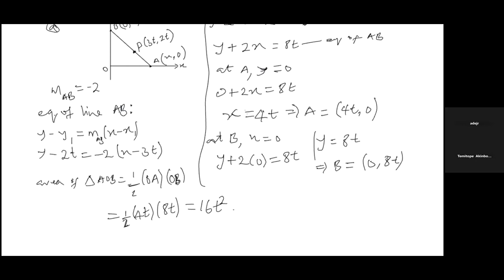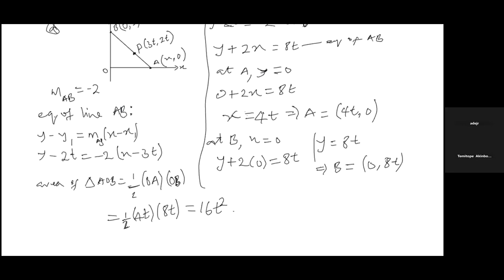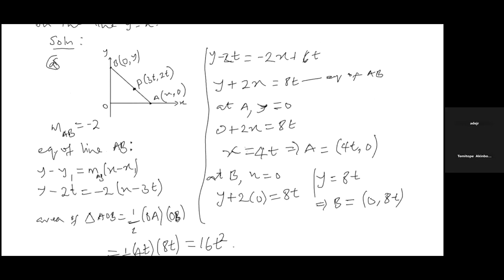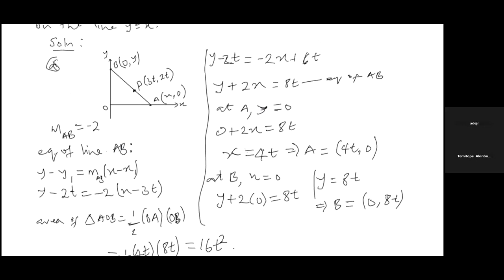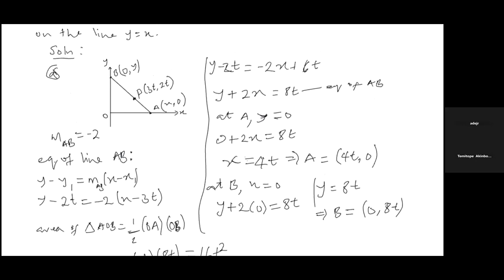So let me scroll up so that you can see from the beginning. The key thing needed first is to use sketching. If you put your diagram wrongly, there'll be an issue. We discovered that the line is going to slant this way because of the gradient of the line that has been given.